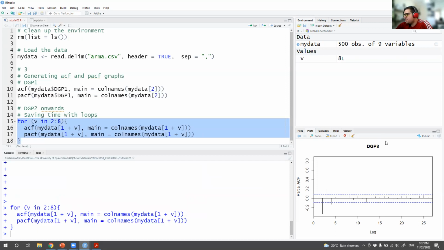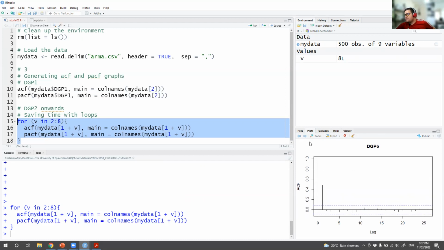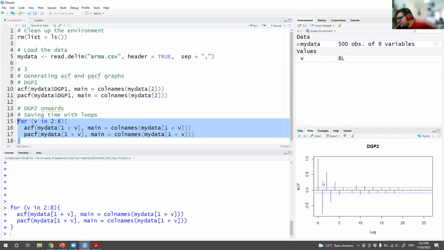You notice how it jumped straight to the last data generating process. You can navigate through your plots using these blue arrows here. So let's go to DGP2 to see what's up there. DGP2 starts at a negative point, 0.75, then goes to a positive 0.5 something, a negative 0.4 something, then a positive, probably 0.2 or 0.3, then a negative 0.1, I think.